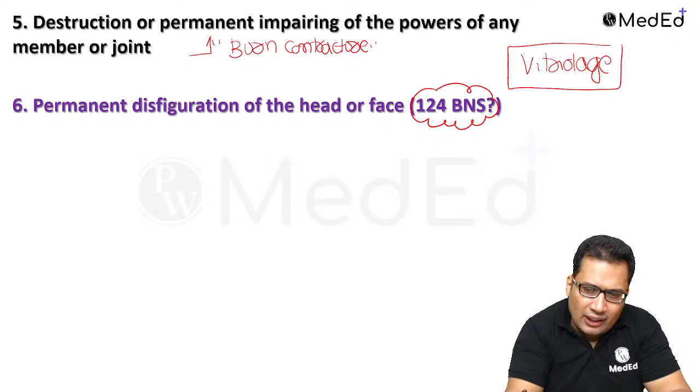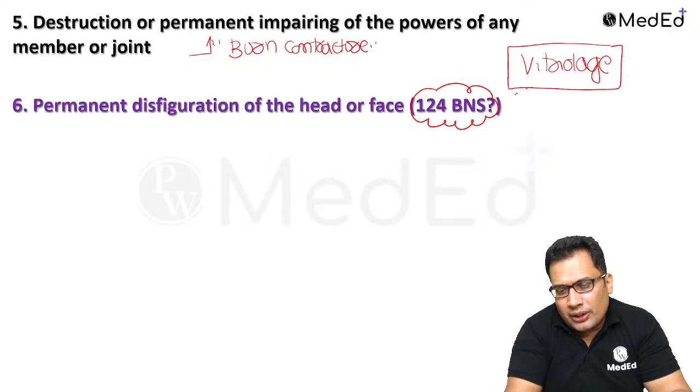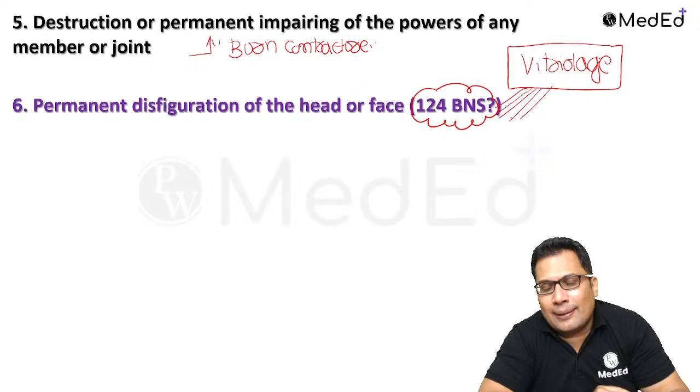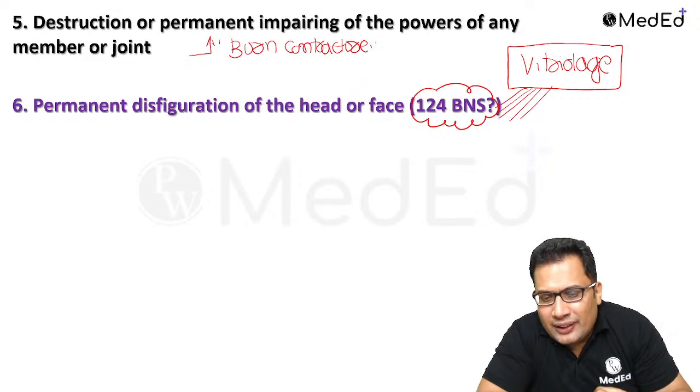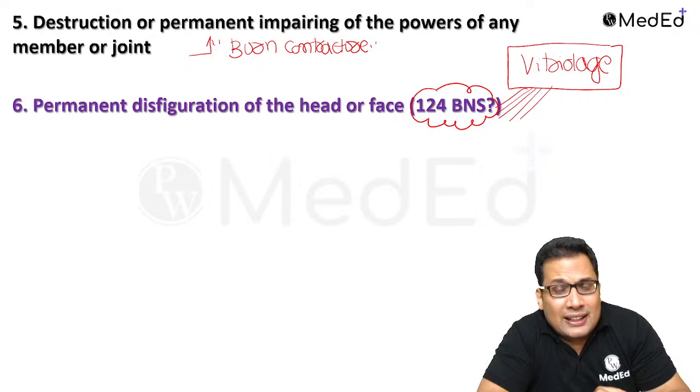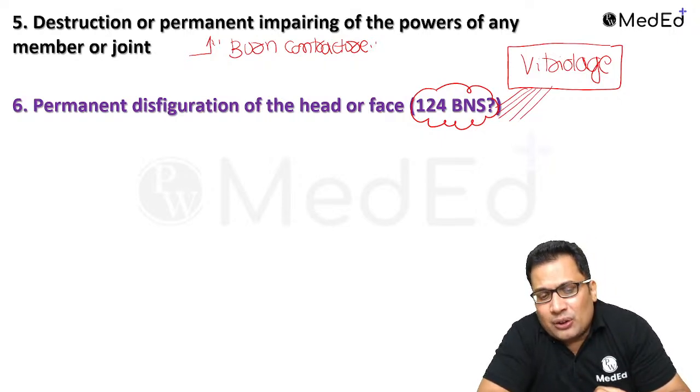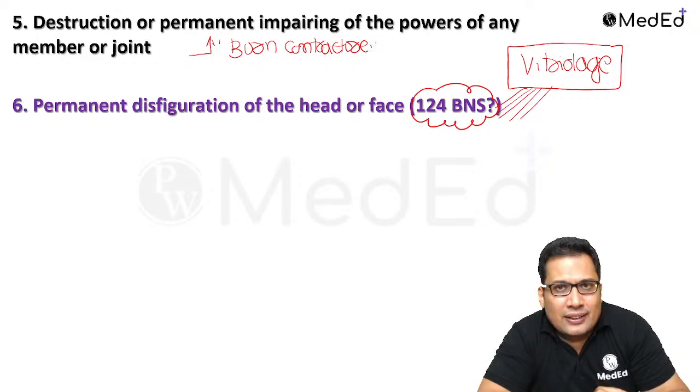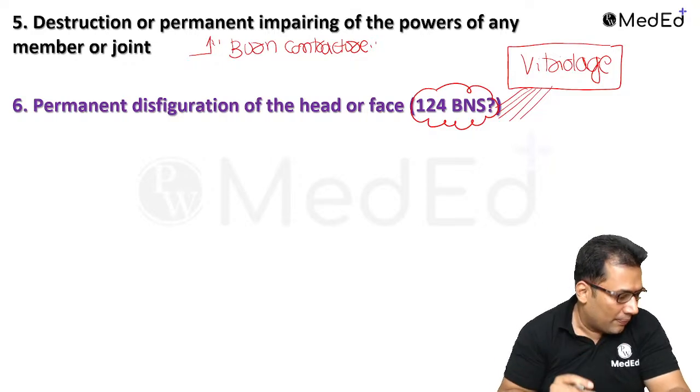Vitriolage means acid attack, so that comes under 124 BNS. There is a separate section for acid attack, that is 124. Other than acid attack, any injury which causes permanent disfiguration of head or face can be grievous hurt. For the 6th, you can remember 6th sense, that is your head and face.